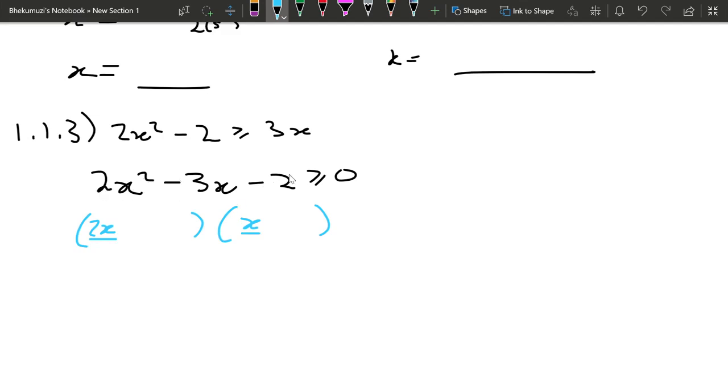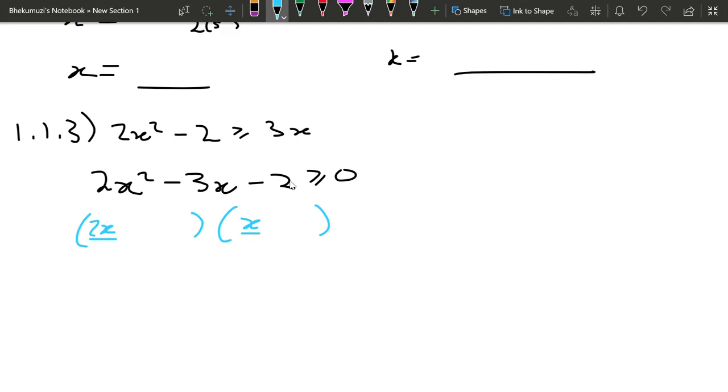And then we go to the constant, which is minus 2. What are the two numbers that we multiply together to give us 2? There's only one option, which is 1 times 2. But the issue is that it's negative 2, meaning one of them has to be negative, one has to be positive. So what would we multiply together to give us 2, but at the same time, when we add it together, it should give us minus 3.